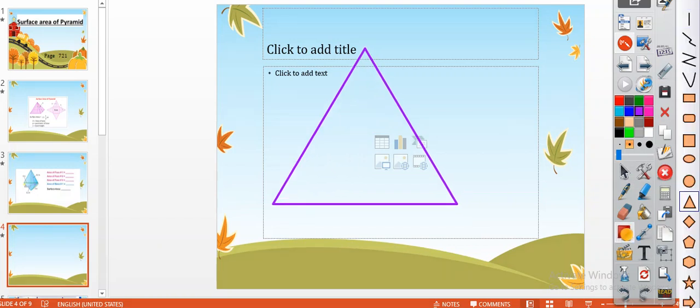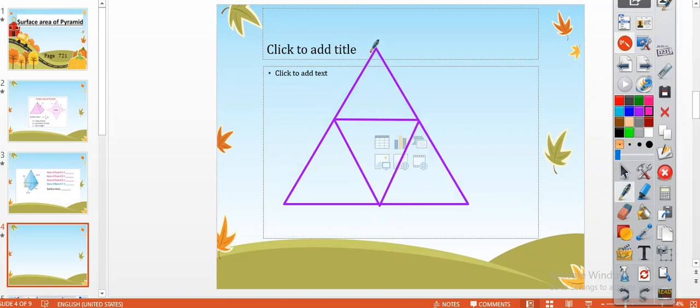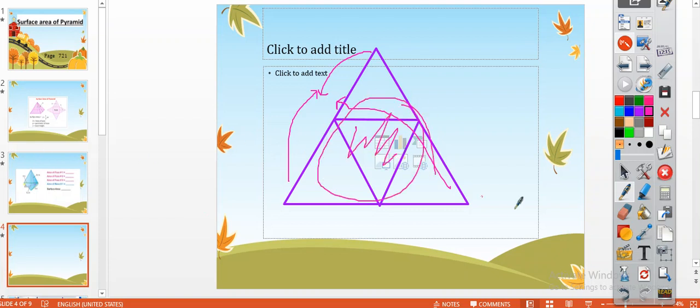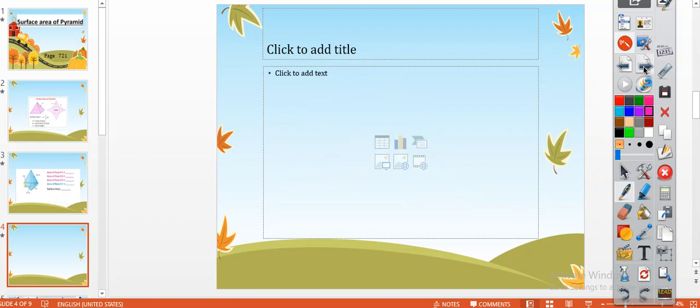It will look like this one. All the triangles are equal. When you fold these triangles together, you will get a triangular pyramid. So it's enough to find the area of one of them, then multiply it by 4 to find the surface area of the pyramid.